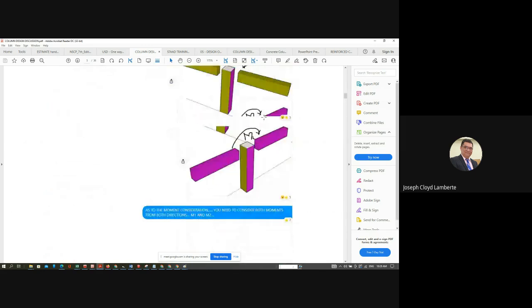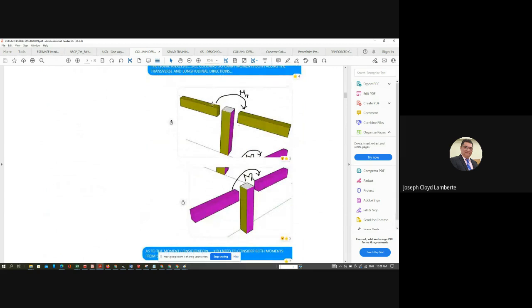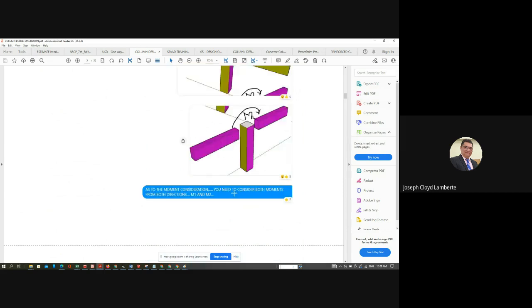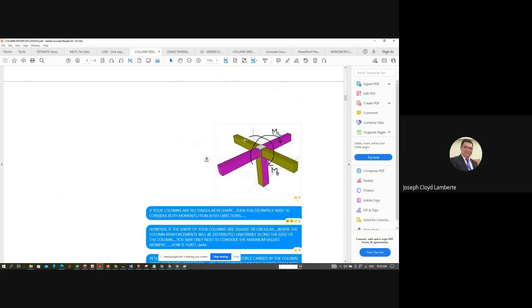However, naa kay moment along transverse direction, naa kay moment along longitudinal direction. So dili na sila magparehas, except only kung siguro ang imong building has the same live load.